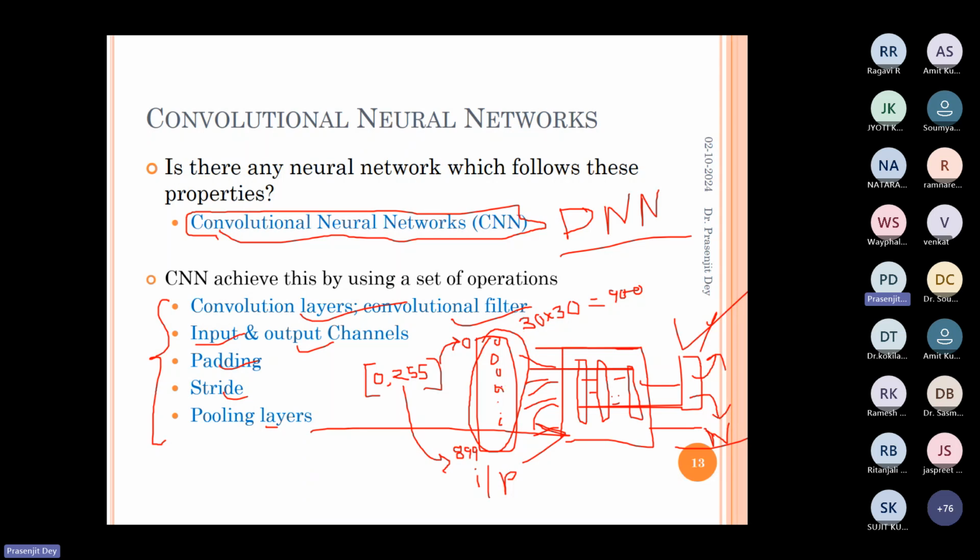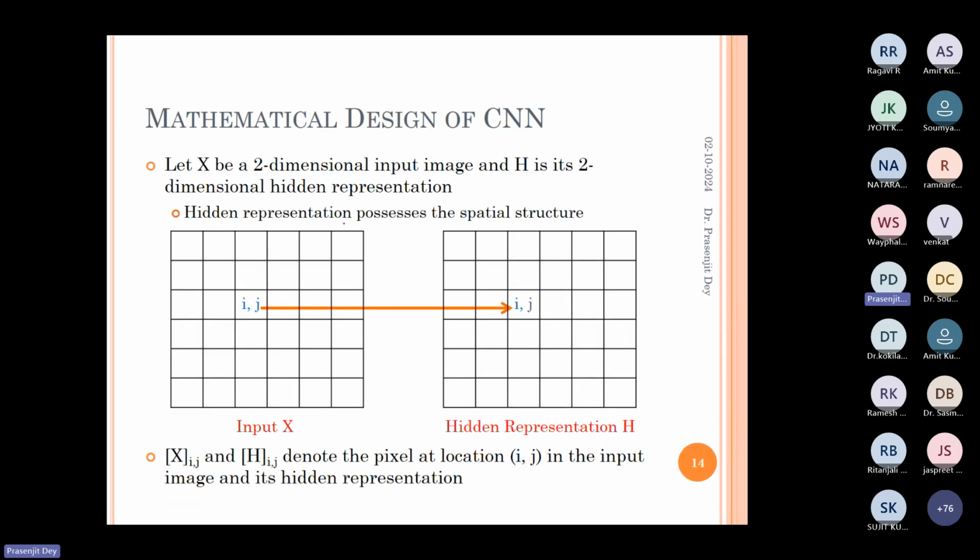In earlier neural networks, we used to feed the image like this. If it is a 30 cross 30 image, then a total of 900 pixels are there. We basically flatten them in one direction and feed them like this. But suppose this is your image.